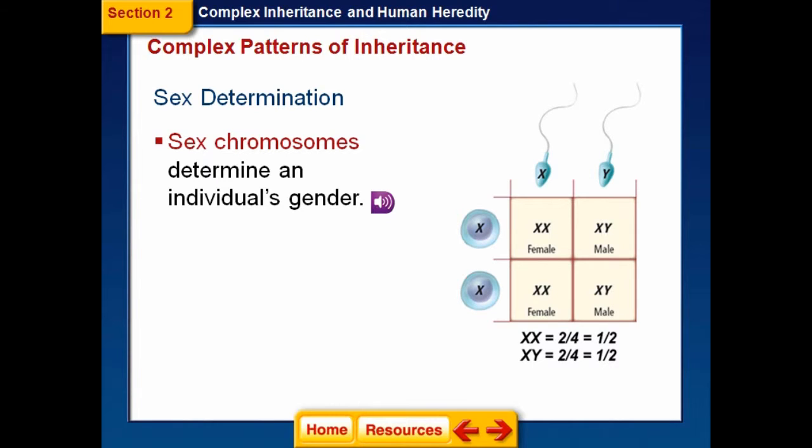Another complex pattern of inheritance is sex determination. These involve entire chromosomes, the X chromosome and the Y chromosome. Males have an X and a Y. Females only have X's.